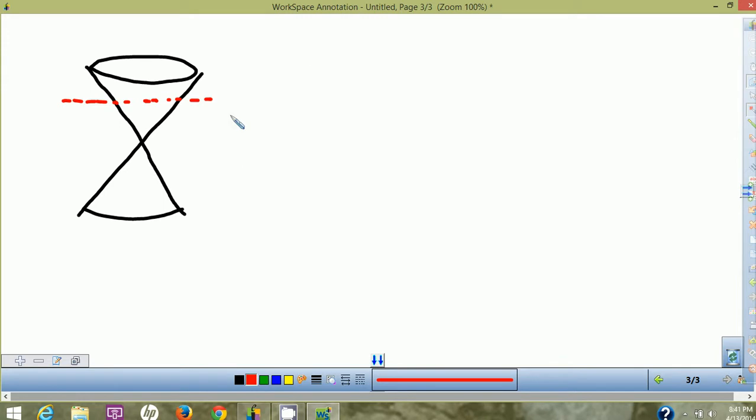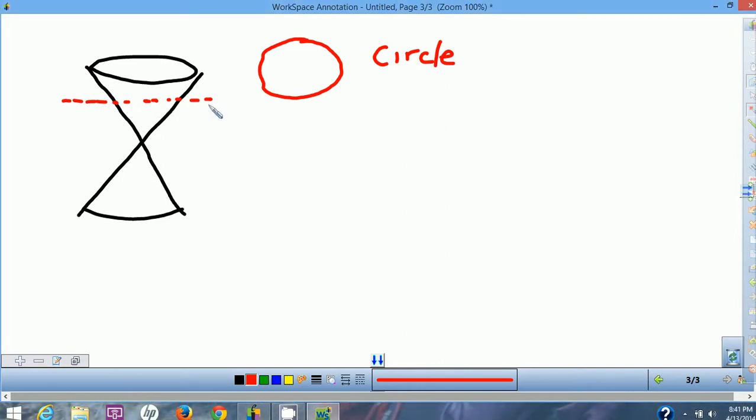If you look at it from the top down, you're going to end up with something that looks like a circle. Now, mine's a little lopsided, but I can't draw a straight circle on the board, so you're used to that. So there's my circle, and I got that by taking a plane and cutting through my cone.